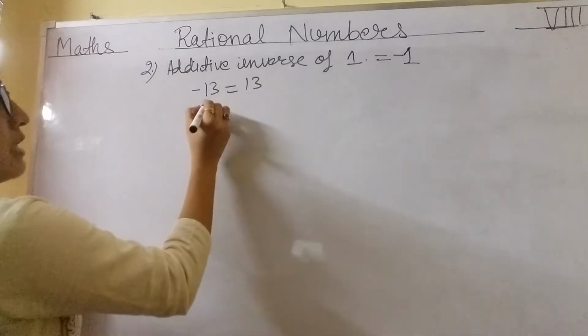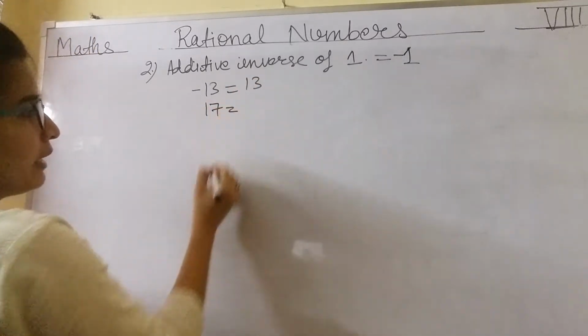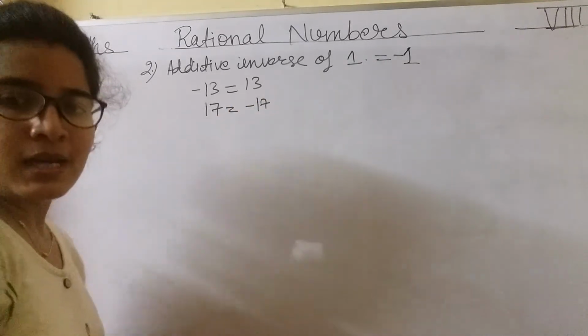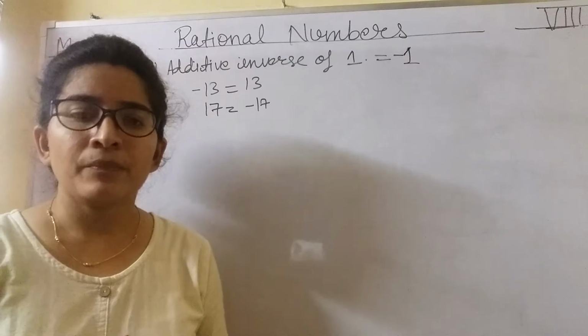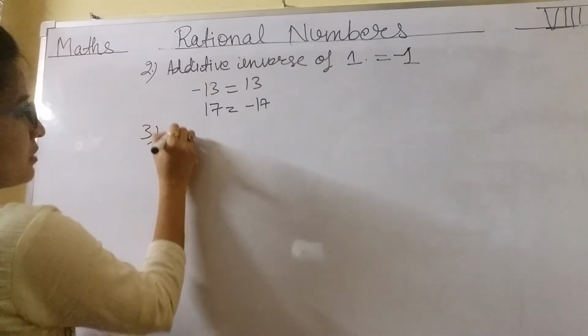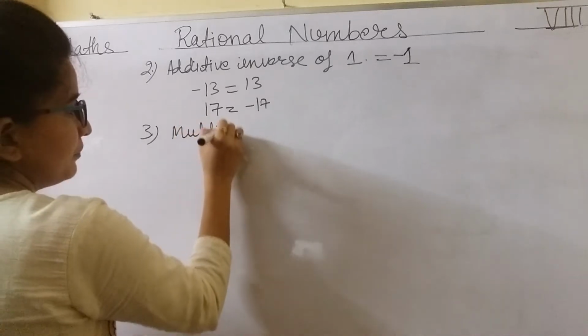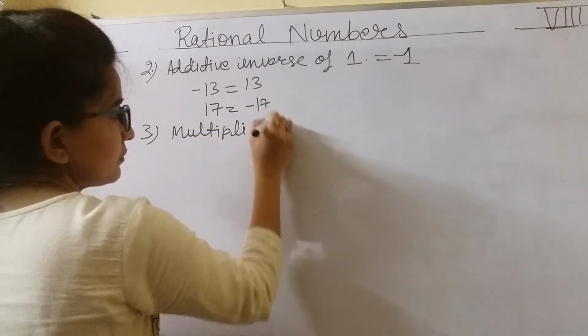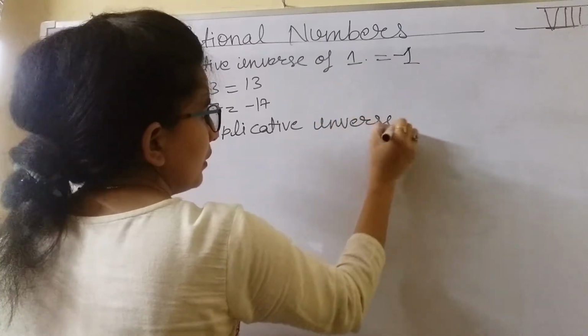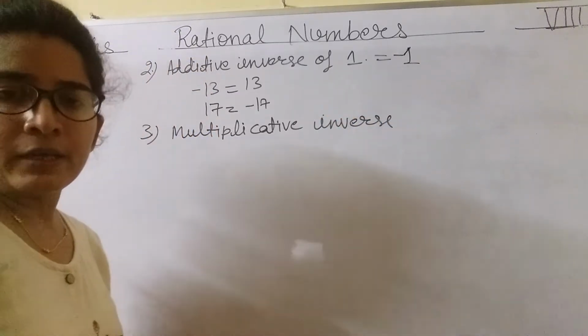We can take another example. For 17, the additive inverse will be minus 17. So these are the additive inverses of any numbers. Now we have another term, that is multiplicative inverse. Now what is multiplicative inverse?